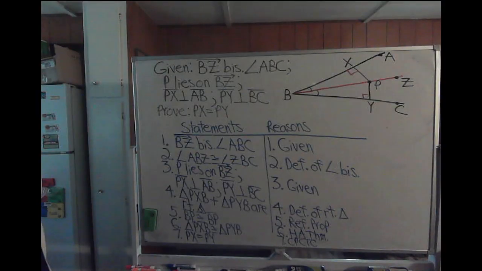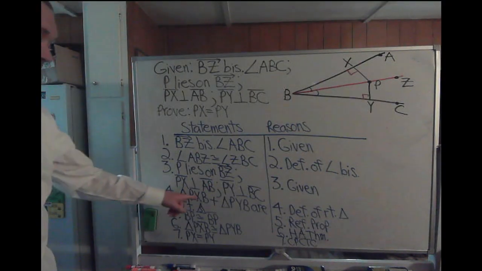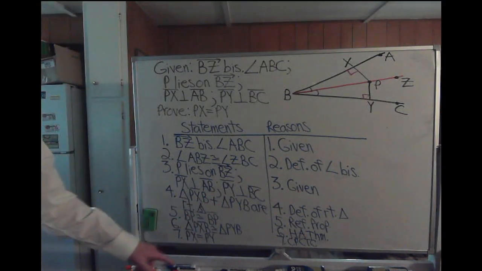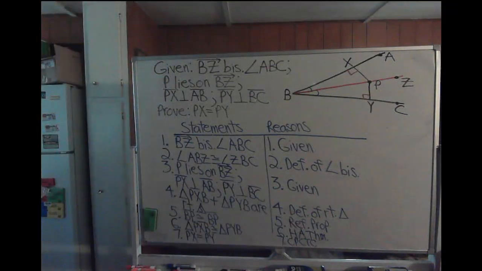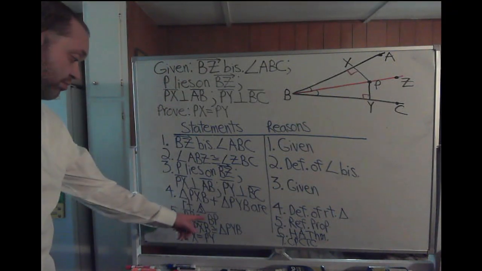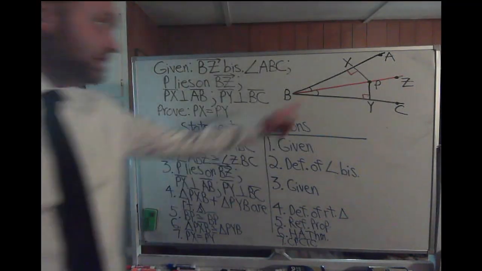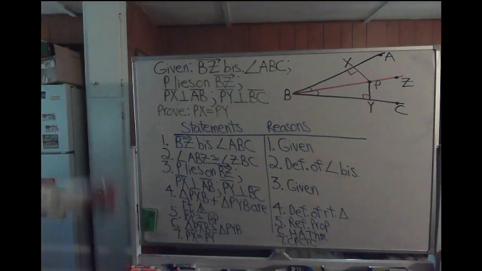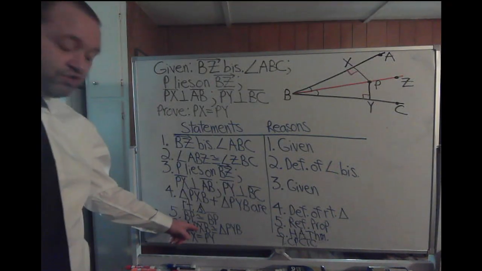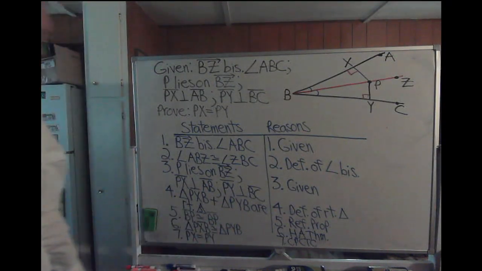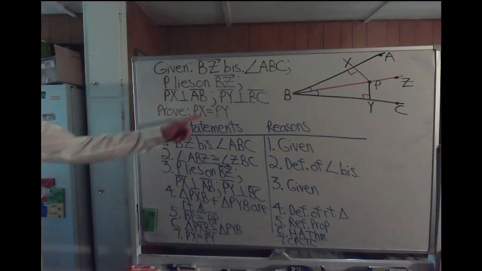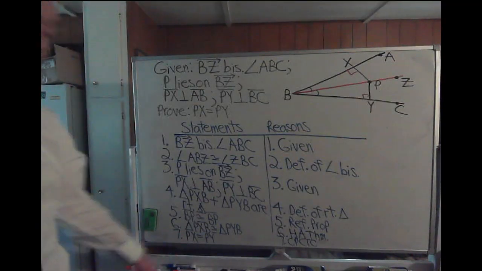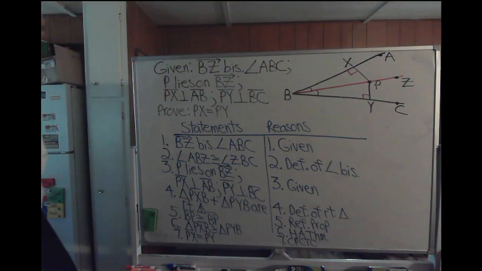All that was given. And then we can say triangles PXB and PYB are right triangles by the definition of right triangles. Then by the reflexive property, BP is congruent to BP since both right triangles share the same hypotenuse. And then ultimately we can conclude that triangles PXB and PYB are congruent by the hypotenuse acute angle theorem, the HA theorem. And then last but not least, PX equals PY by CPCTC. So that is that proof.